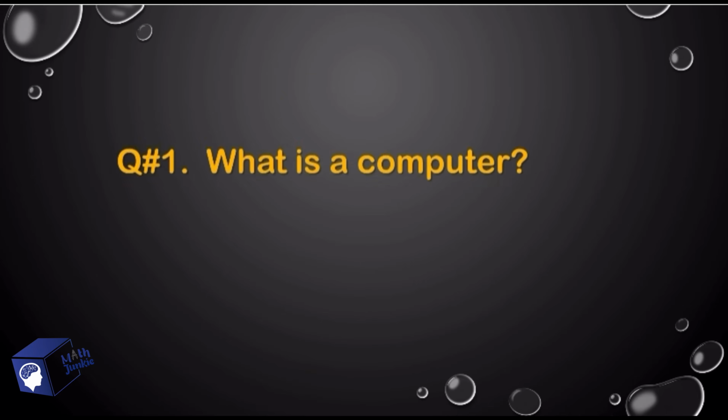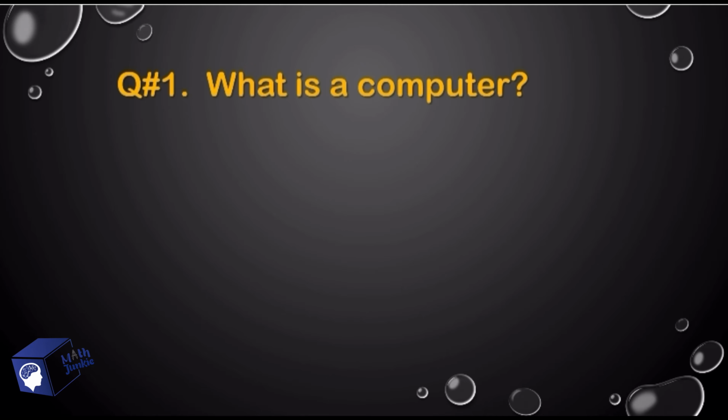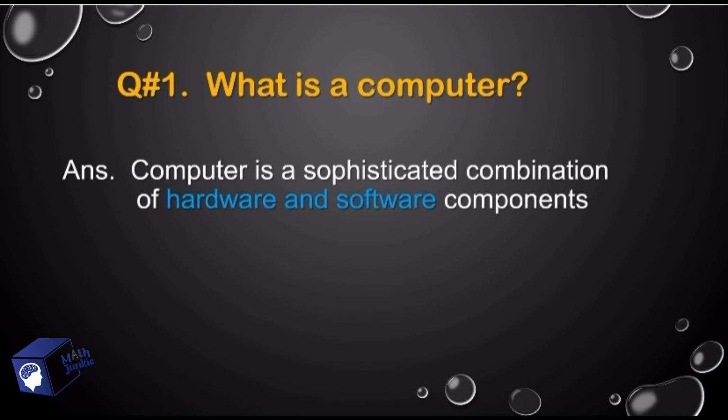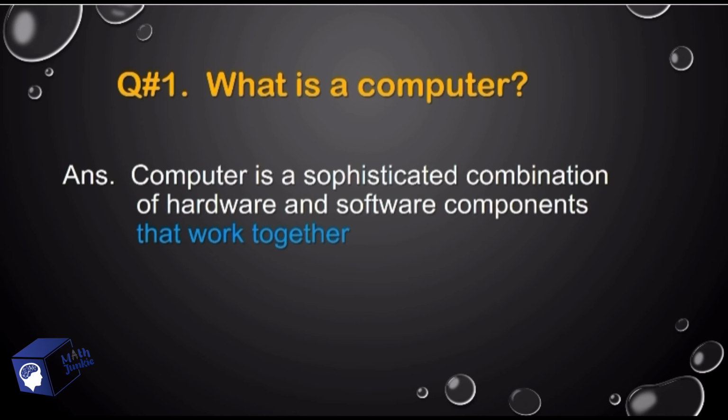Now let's come up with a clear question with its very precise answer. That question is, what is a computer? And the answer is, we have already seen that computer is a sophisticated combination of 2 components, hardware and software. And the most important part is they work together.